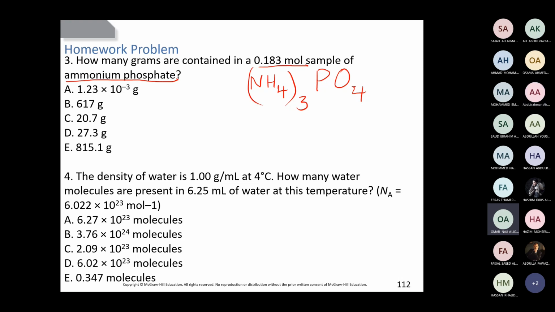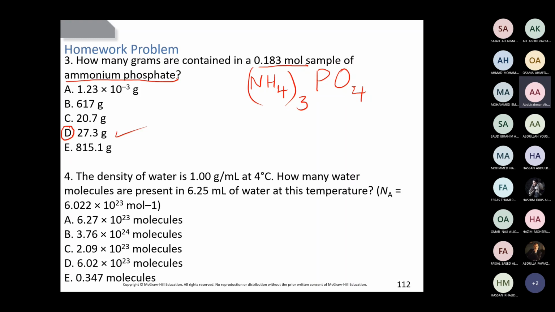Uh, 27.28. Maybe. Who got it? Yes, 27.28. Exactly. Okay, let's hope so. I really don't know. By the way, I'm just taking your word. Yes, D. Okay, with approximation, it will be 27.3. Good.